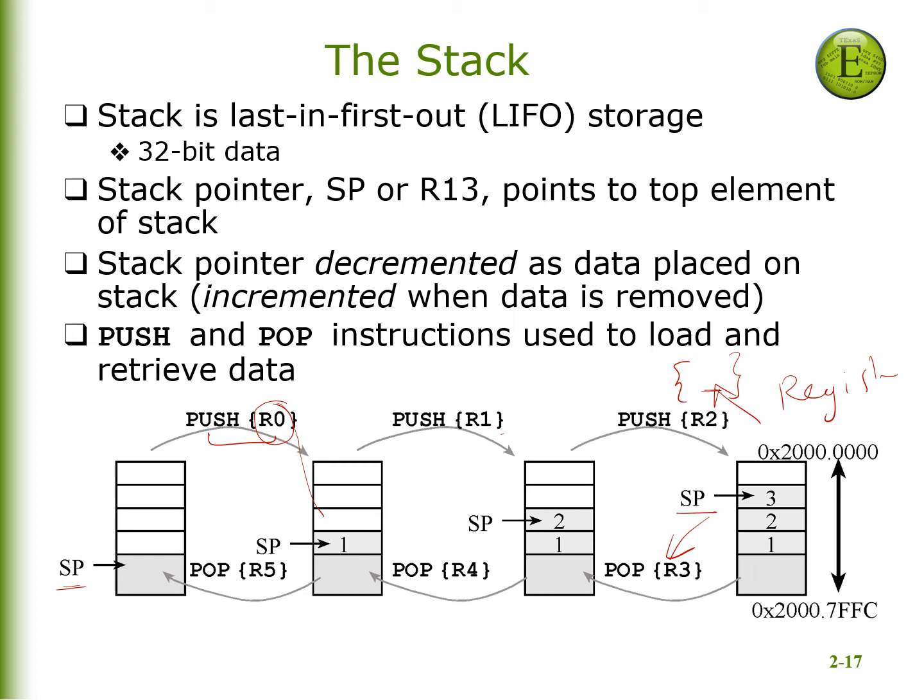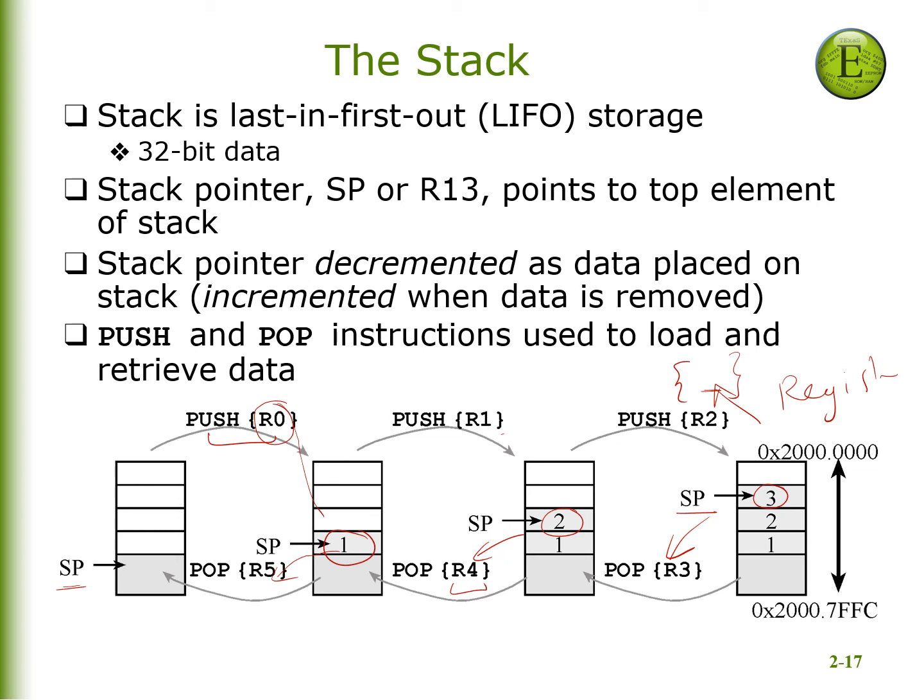Pop will increase the value of SP. In this case, whatever is stored here is put into R3. Over here, whatever is stored where the stack pointer is pointing is going to go into R4, and whatever is stored over here is going to go into register R5.